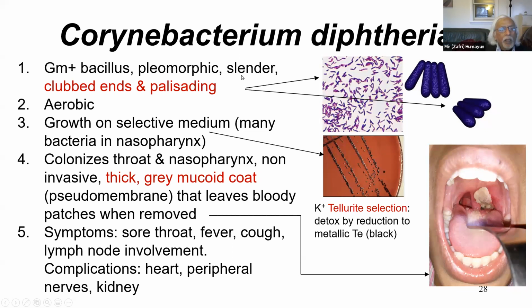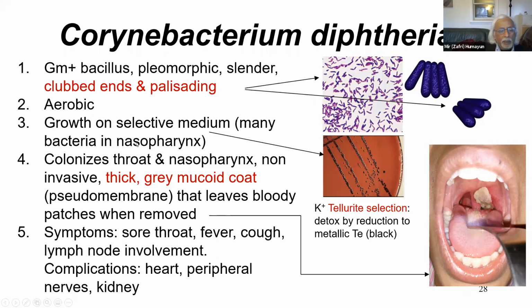To grow Corynebacterium in the laboratory for diagnostic purposes, you use a kind of agar called tellurite agar. Tellurite agar has a salt of the metal tellurium, and this is an example of a selective agar.